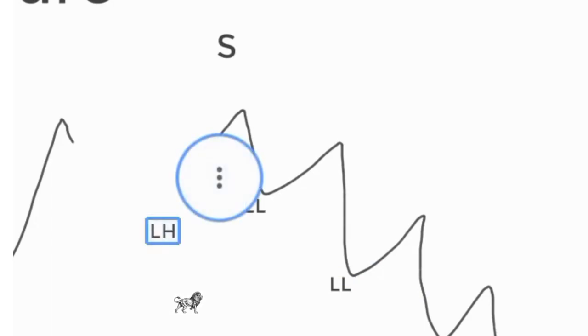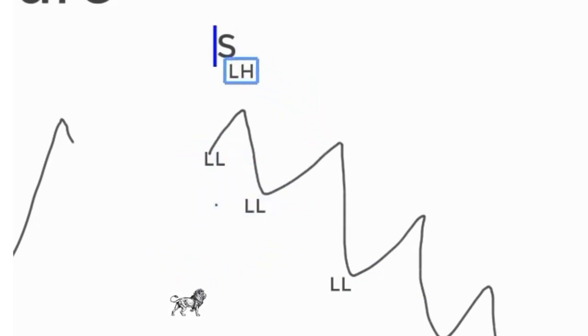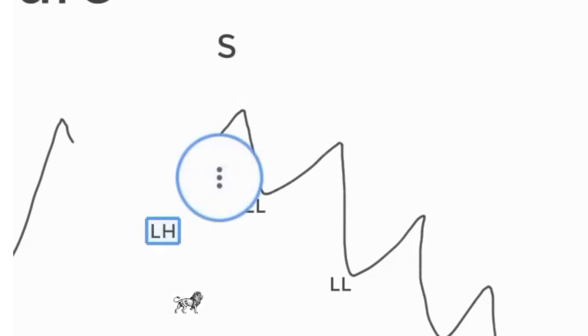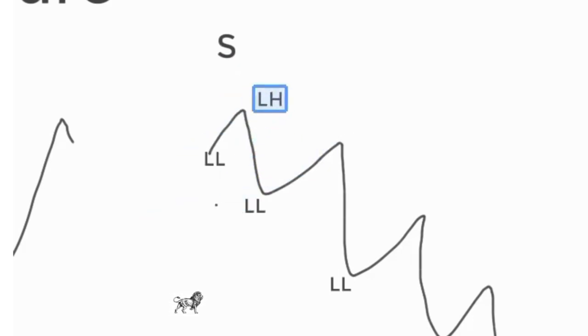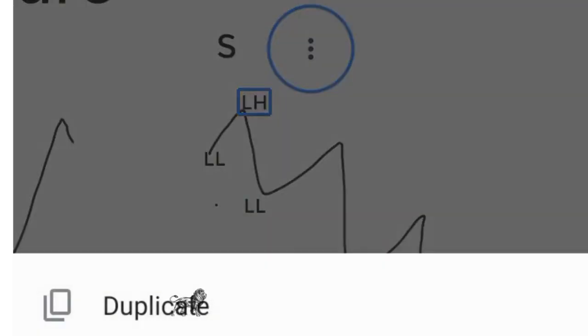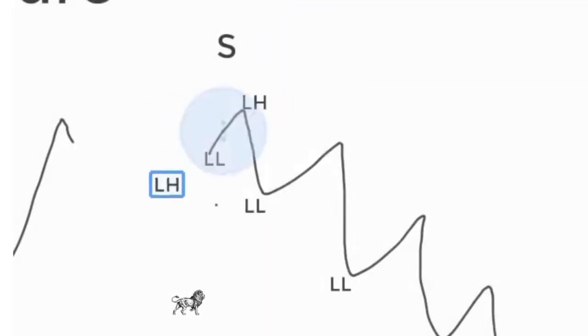Then the other term we have here is lower high. Why is this called lower high? It's because it's a downtrend market, so everything begins with low.